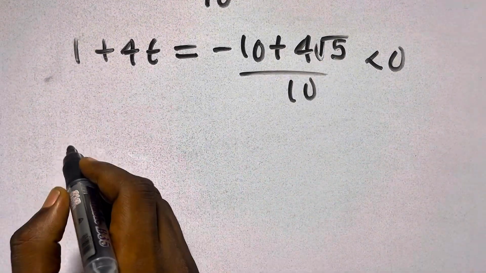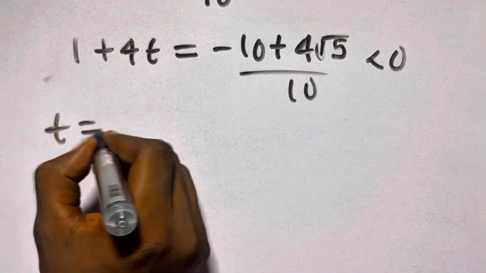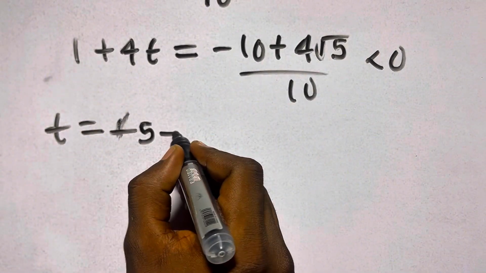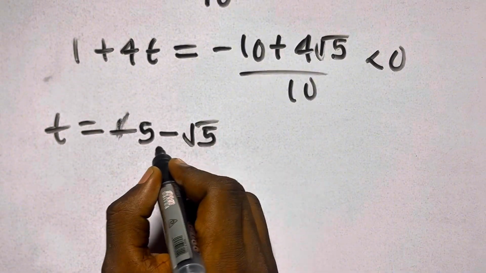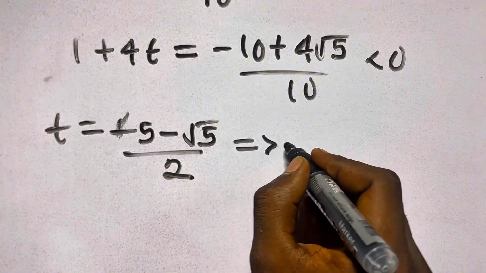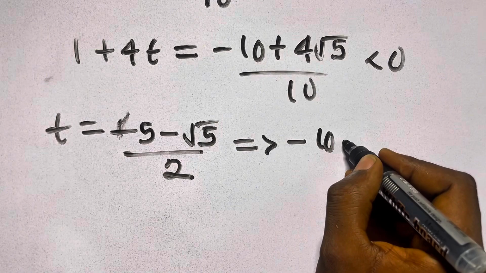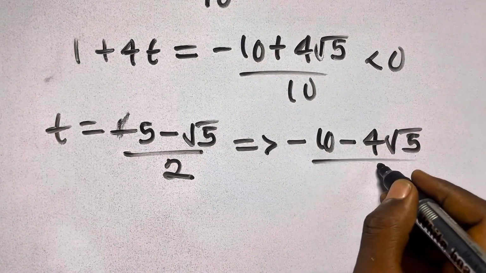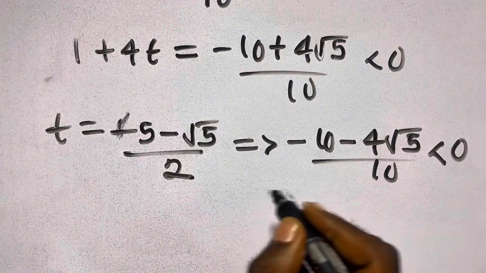For the other t, we have minus 5 minus square root of 5 divided by 10, and this implies that we have (minus 10 minus 4 root 5) divided by 10, less than 0.